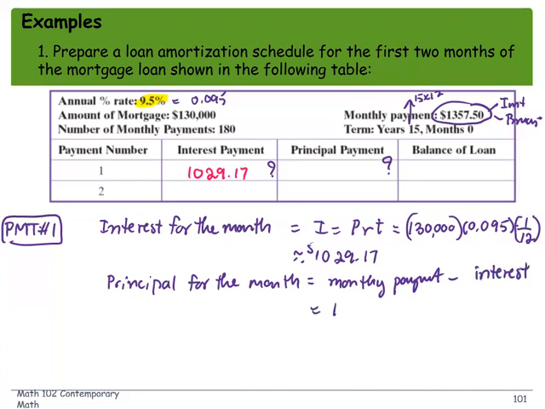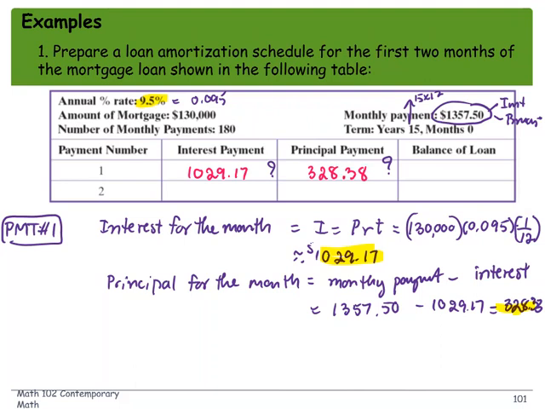The monthly payment is 1357.50 subtracted by the interest, 1029.17, and it comes out to be 328.33 as the portion for the principal. So we record it in the table: 328.33.